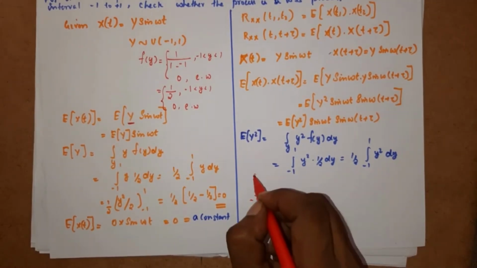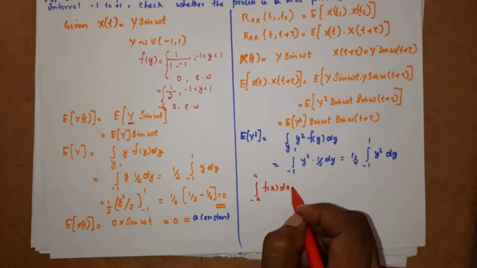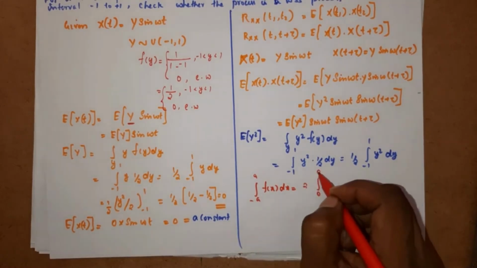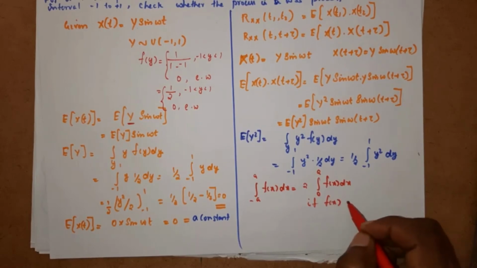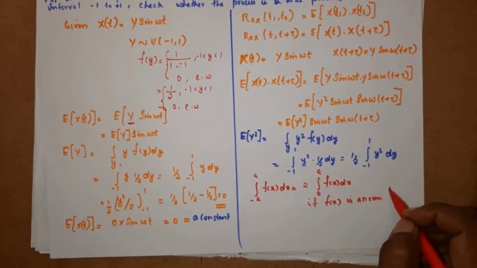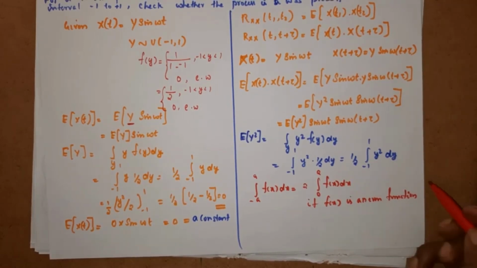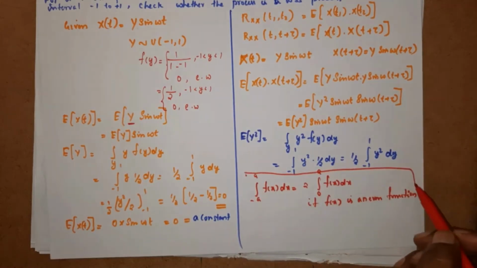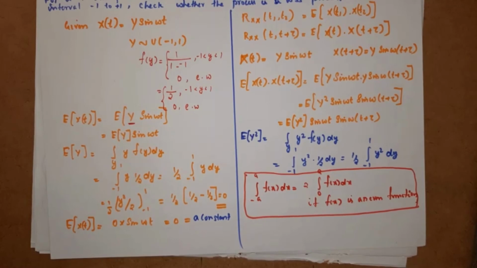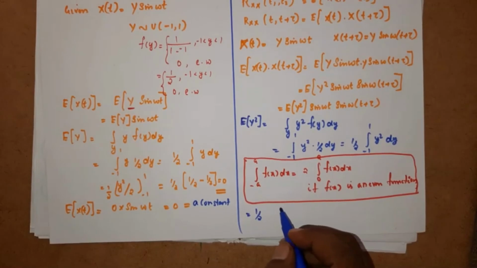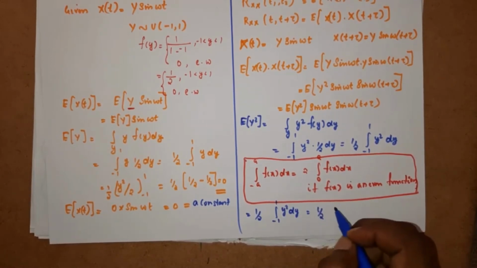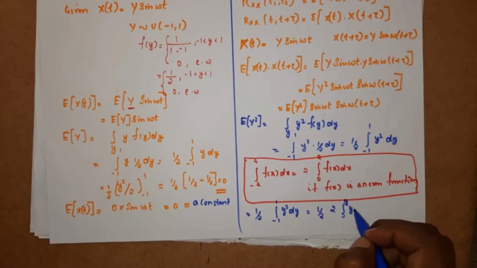Integral minus a to a f of x dx can be written as 2 into integral 0 to a f of x dx if f of x is an even function. Here y square is an even function. We can write 1 by 2 integral minus 1 to 1 y square dy as 1 by 2 into 2 times integral 0 to 1 y square dy.